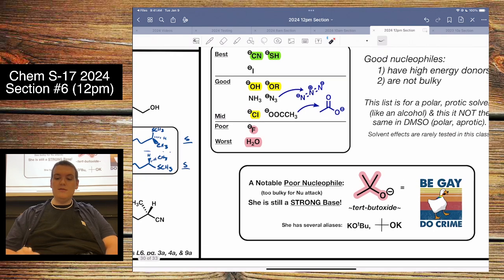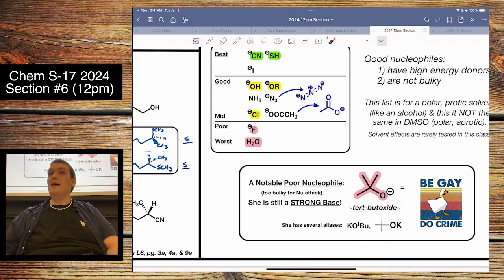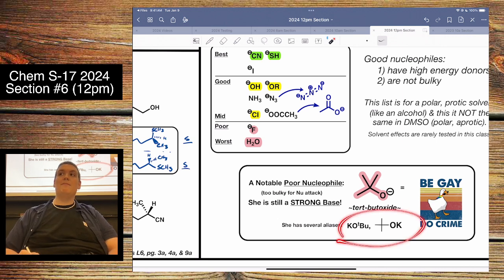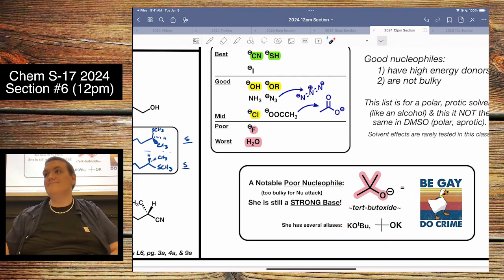Whereas base strength, do you remember doing stuff with Ka and Keq, and you were able to calculate the delta G, Gibbs free energy, from Gen Chem, vaguely? You can do that because this is a thermodynamic measure. It's about stability of molecules, and so it's still a good base, even though it's bulky.